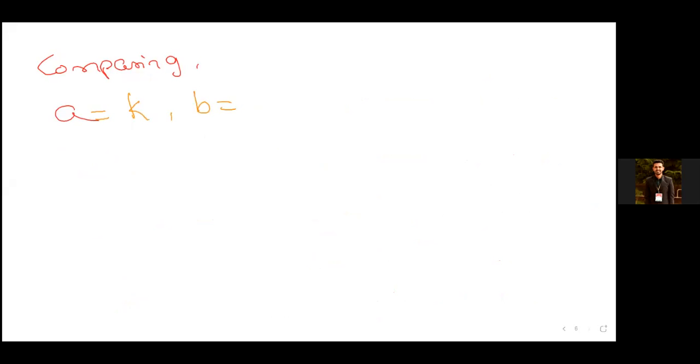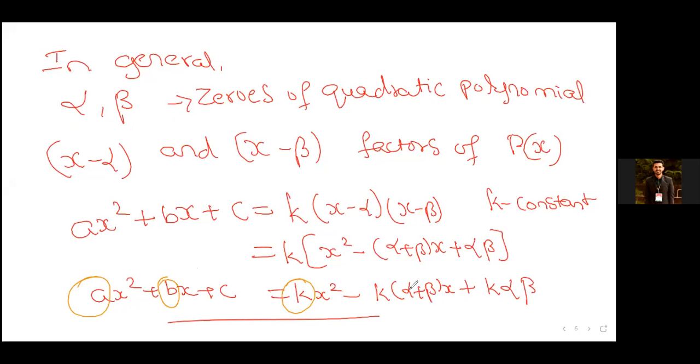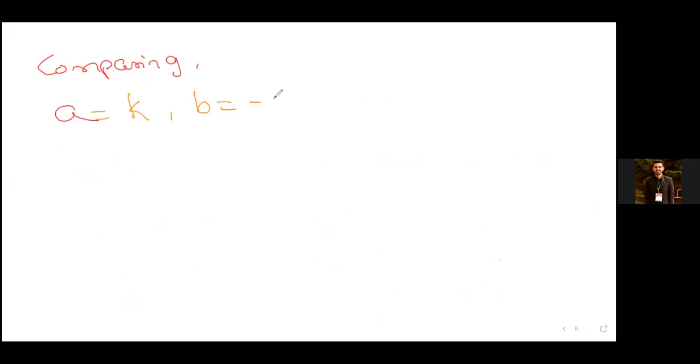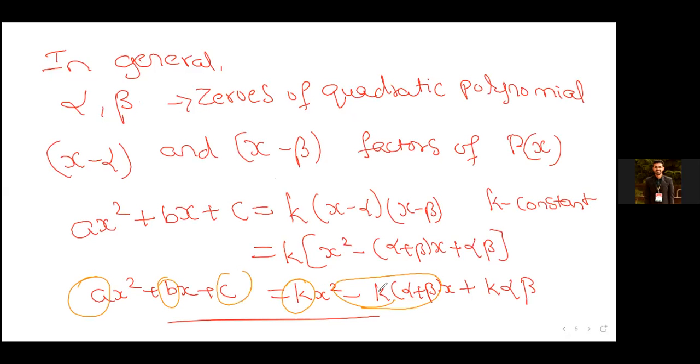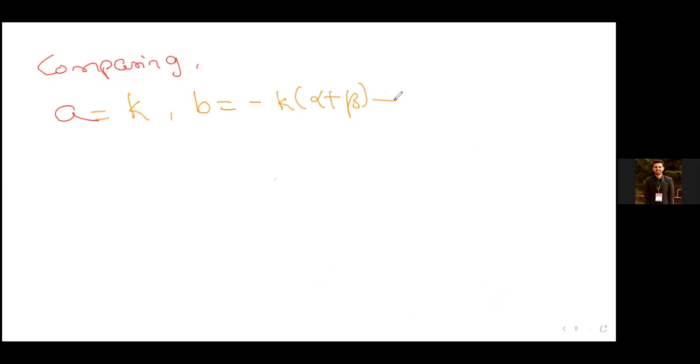In the place of b we have minus k into alpha plus beta, and in the place of c we have the constant k alpha beta.